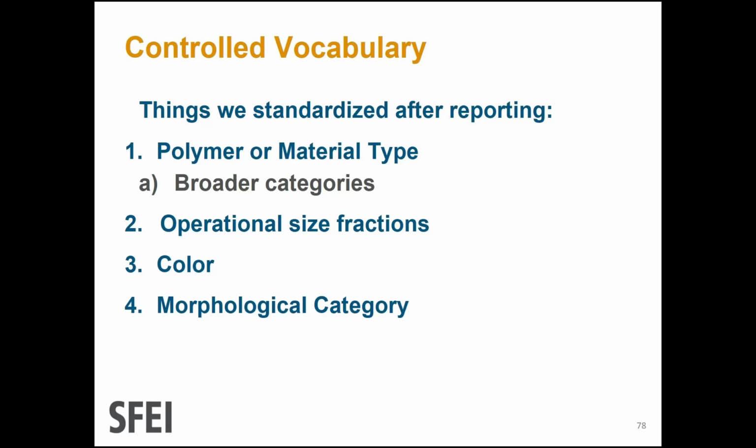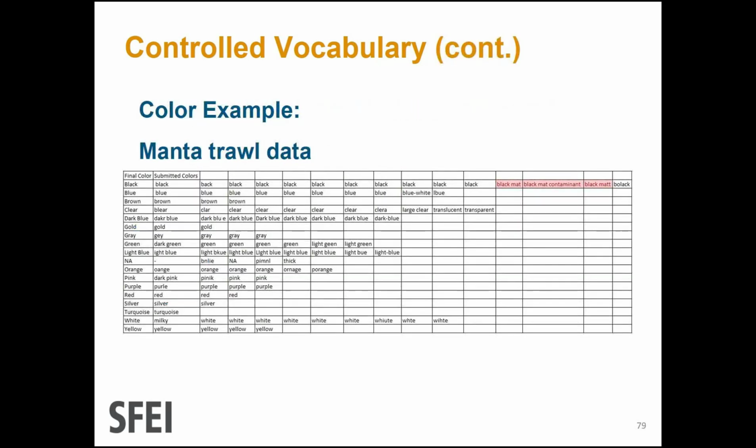Something like polymer type is orders of magnitude more difficult than something like morphological category. We went from 280-some original polymer types submitted, and we ended up with something like 49, but it required the help of the scientists and looking at the spectroscopy IDs and confirming the different levels of categorization, as opposed to cleaning up something like color, which I'll go over in the next slide.